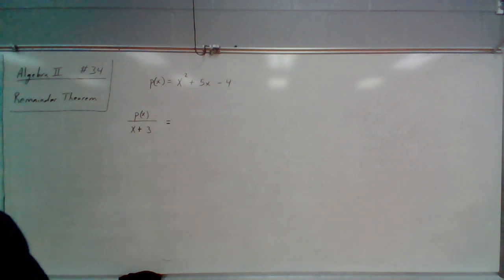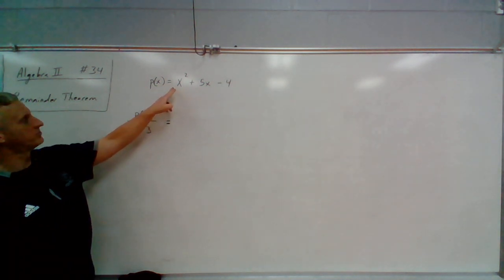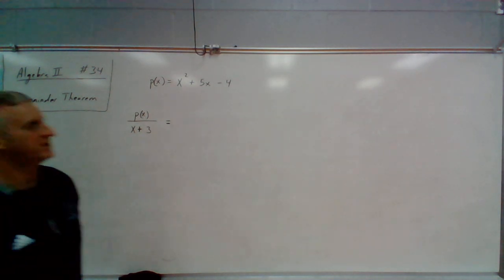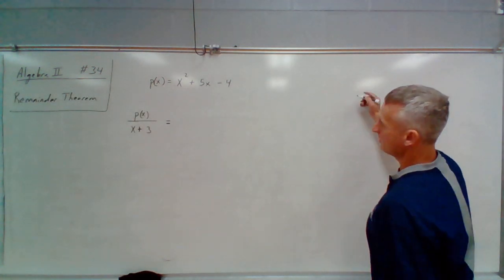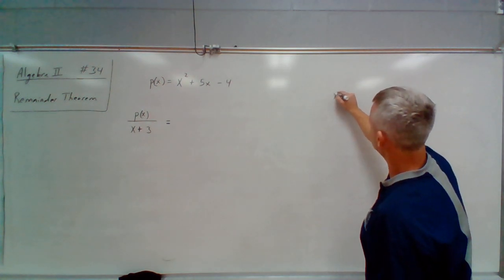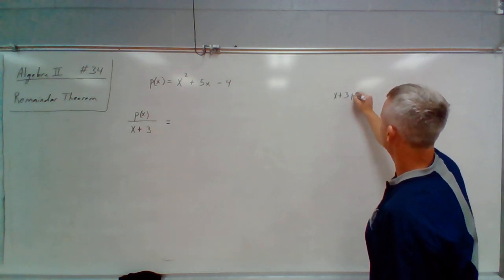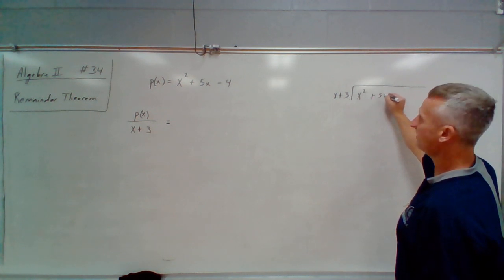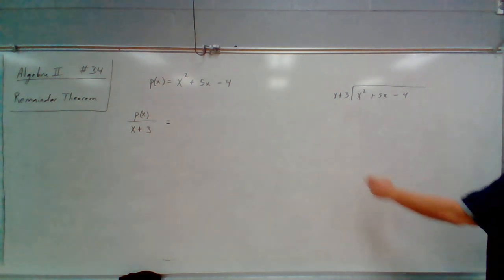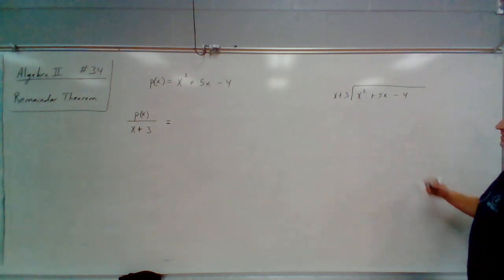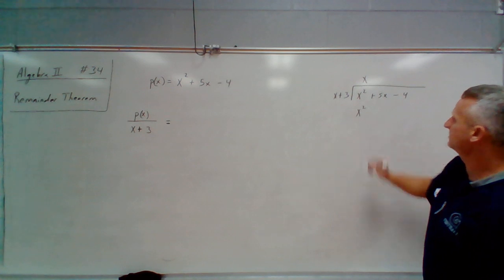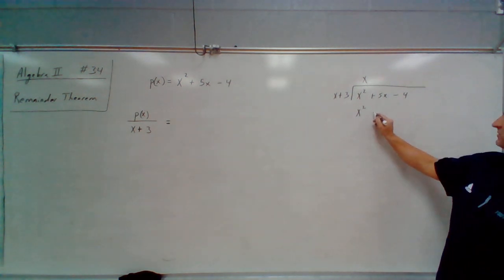Alright, let's try another example. So here's my polynomial, P of x, and I'm going to divide by x plus 3. Figure out what that is. So let's come over here to the side. How many times will x plus 3 go into x squared plus 5x minus 4? Okay, so this will go x times, that would be x squared plus 3x.